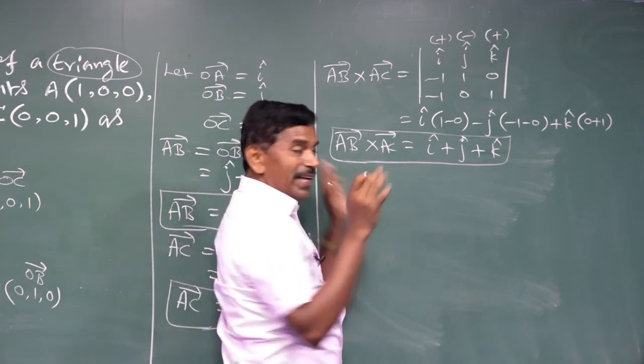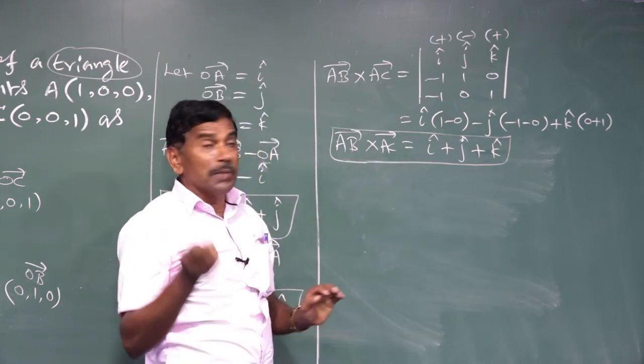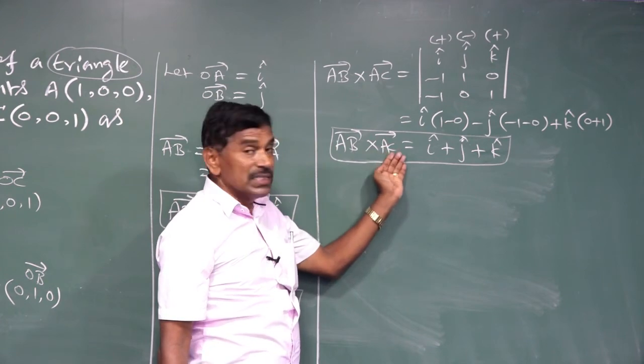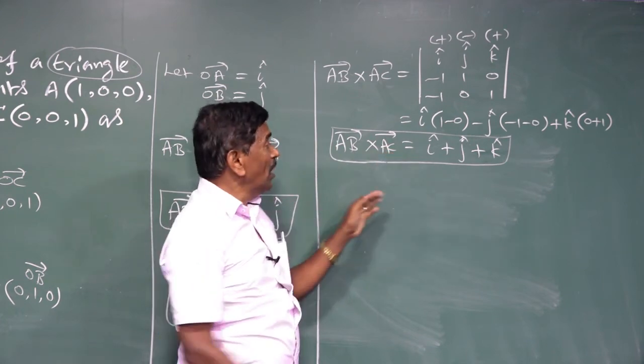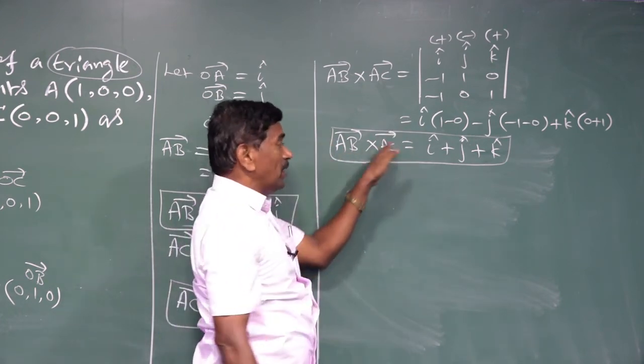Now, write the formula directly. The area of the triangle with adjacent sides AB vector and AC vector is equal to half into modulus AB vector cross AC vector.